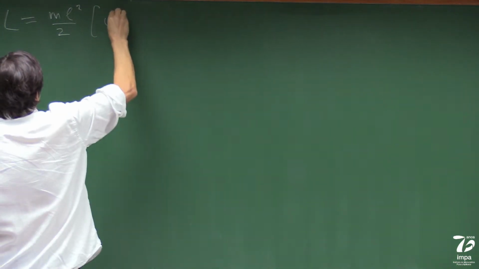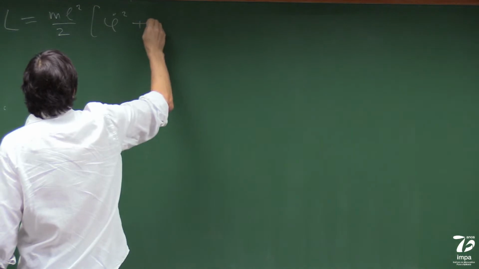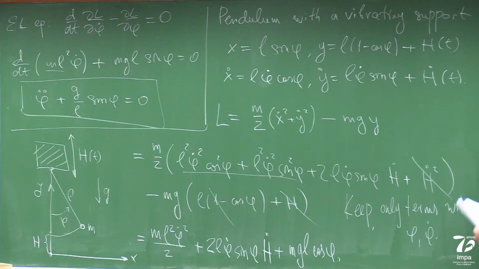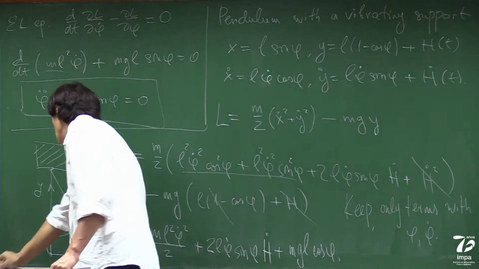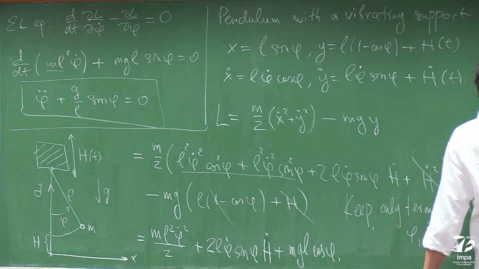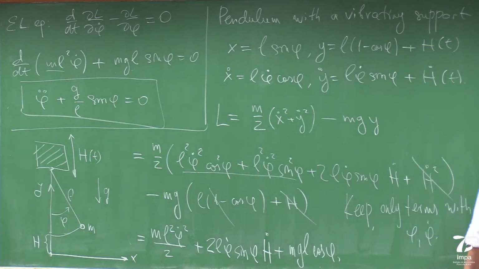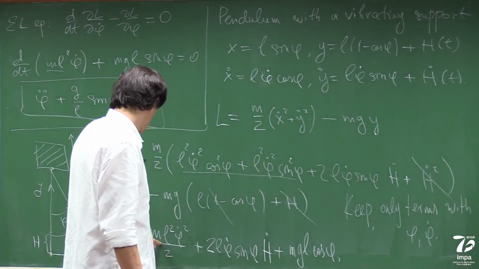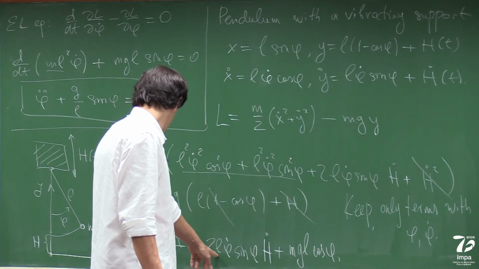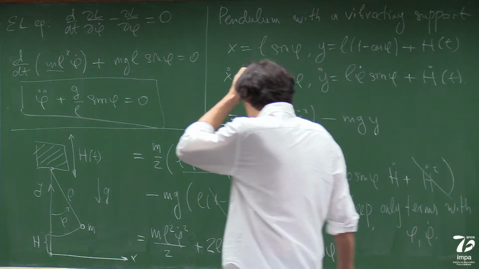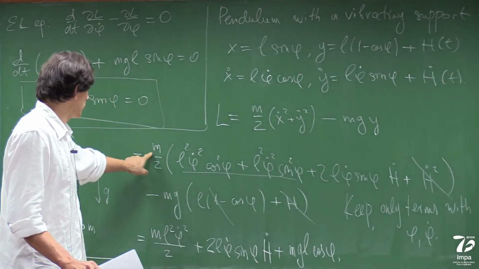So it will be psi dot squared over 2 plus 2 L squared... I forgot m over 2 here, which cancels the 2.